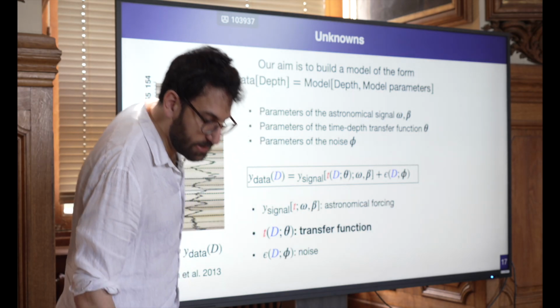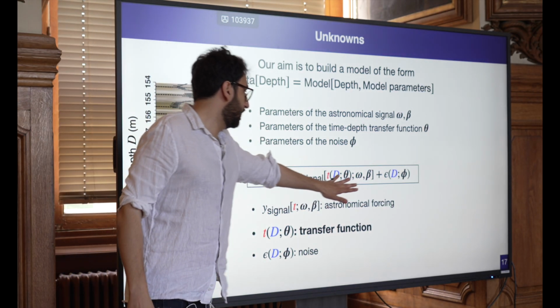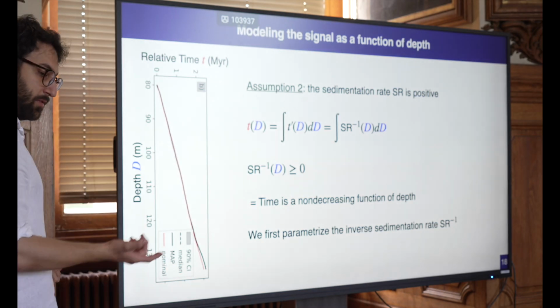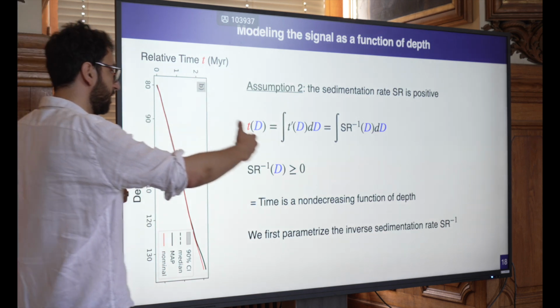Back to our initial problem. This, as a function of time, now we know what this is. And we want to model the time depth transfer function. For this transfer function, we make one assumption, which is that time is a non-decreasing function of depth.